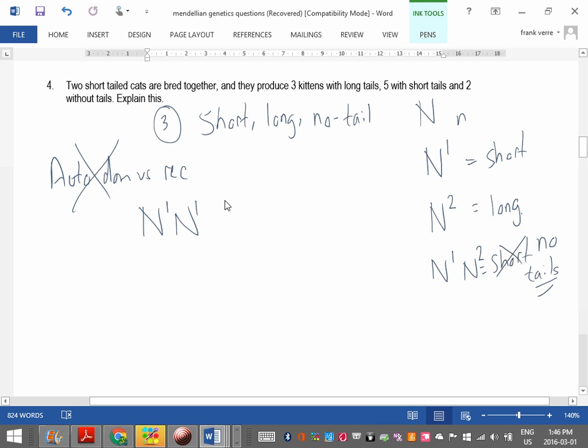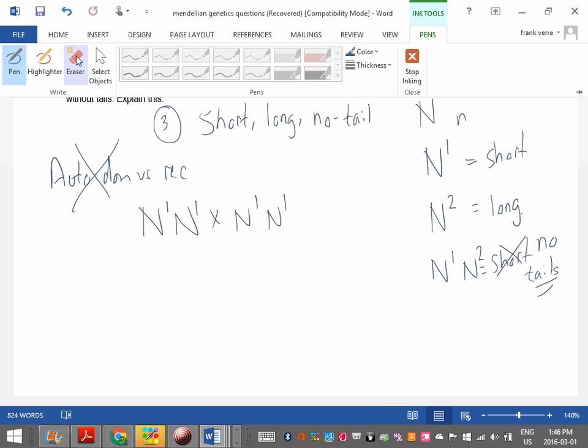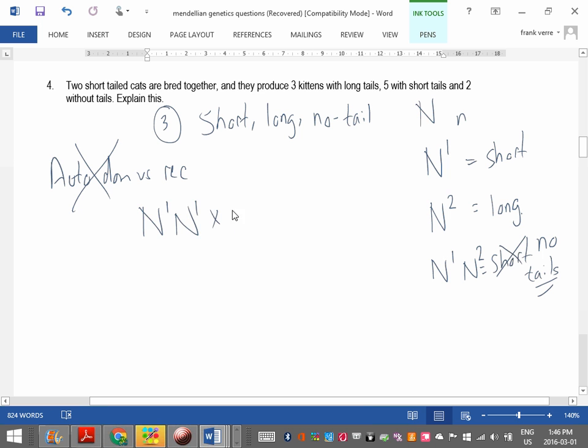Now the question says two short-tailed cats are bred together. What do you only see here? I only see N1s. So does this work? No. So this doesn't work, so let's redefine it. Maybe the model is right, maybe just the way we labeled it is wrong.